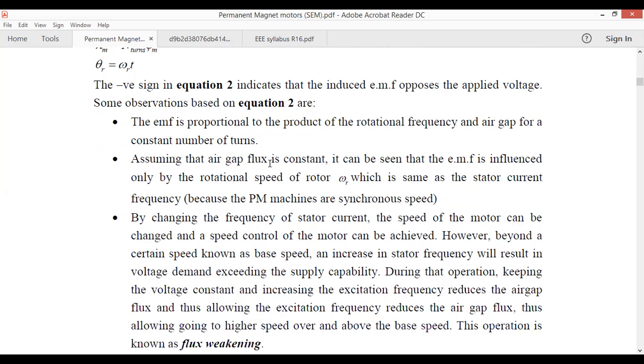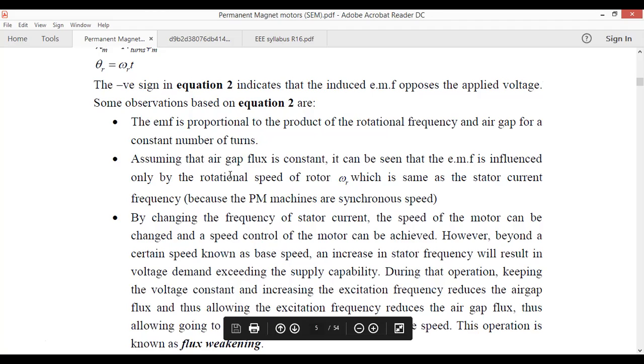And next, the EMF is proportional to the product of the rotational frequency and air gap flux for a constant number of turns. That is, the back EMF is proportional to the product of rotational frequency and the air gap flux for a constant number of turns.